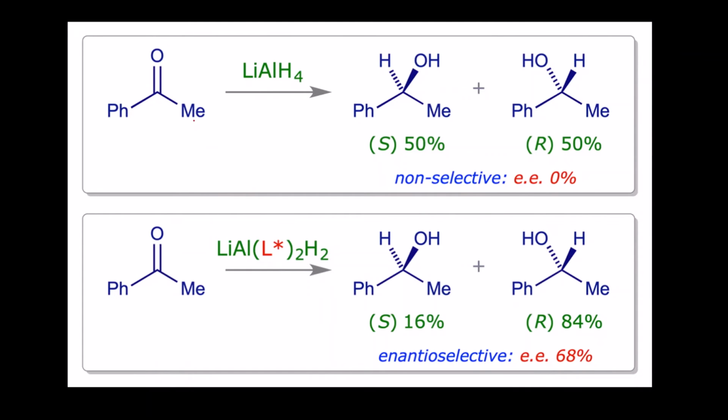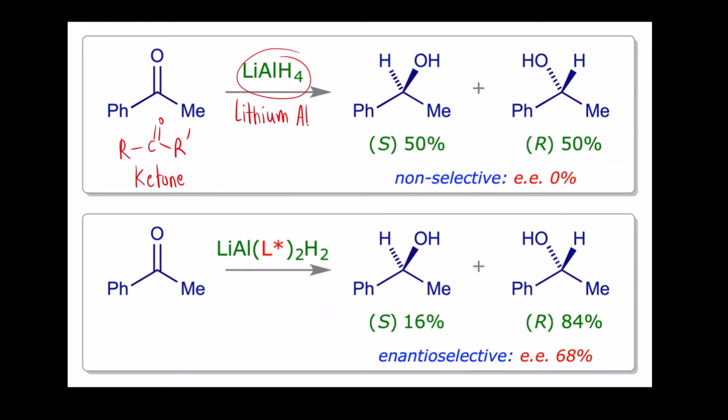Here you can see that there are two cases. One is a ketone. This reactant is R C double bond O R dash. This is a ketone, and here we are reacting it with lithium aluminium hydride.